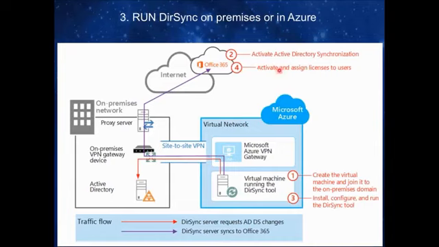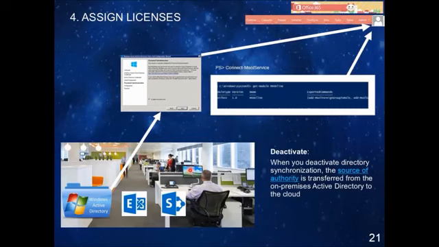So you see, you don't need to assign a license to every user that you sync from your on-premises Active Directory onto your Office 365. Assigning licenses is a pretty easy step. You can do it either inside the admin console in Office 365, or you can do it in PowerShell.